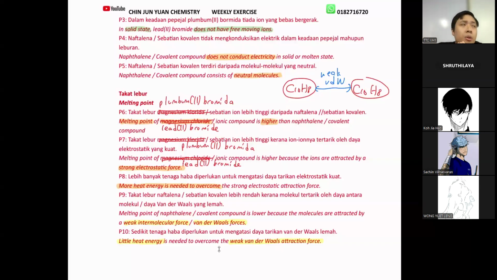Last year I used copper 2 sulfate plus zinc, plus magnesium, plus aluminum. But in the exam they normally don't tell you copper 2 sulfate.